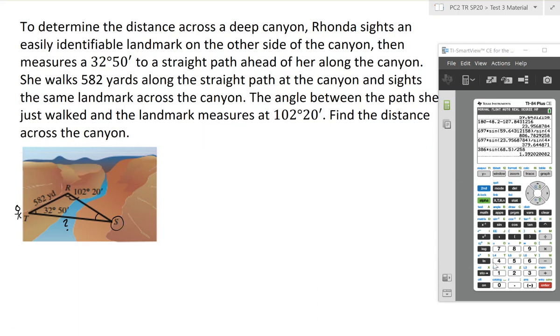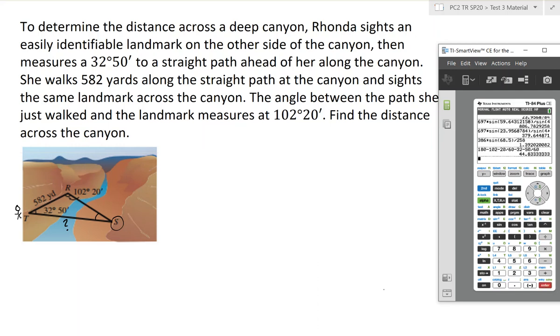So we're going to take 180 degrees, and subtract 102 and 20 sixtieths, and subtract 32 and 50 sixtieths, or you can just do 5/6, that's fine.